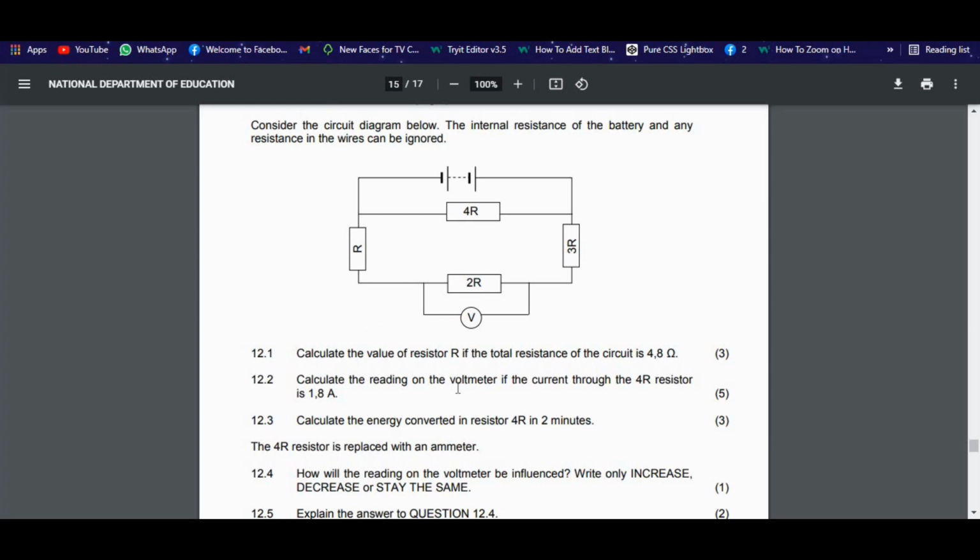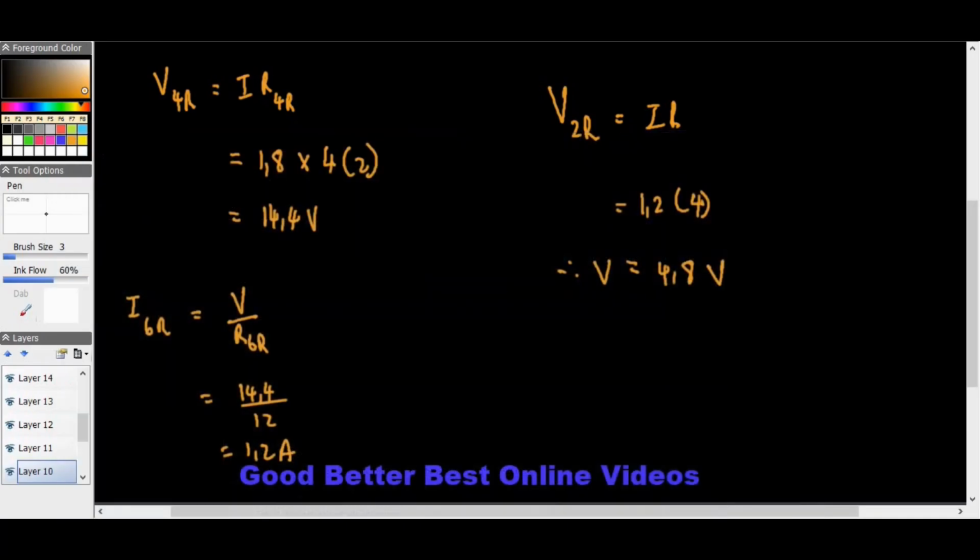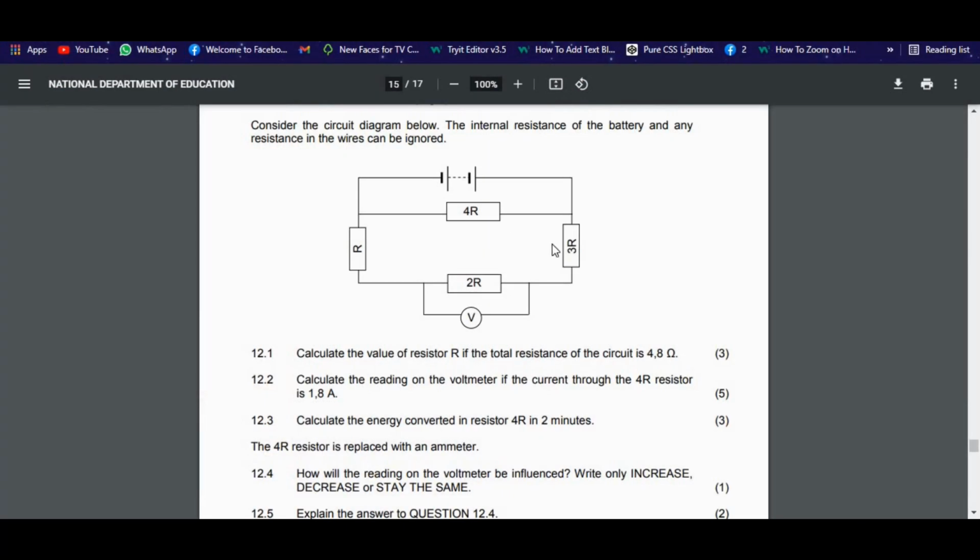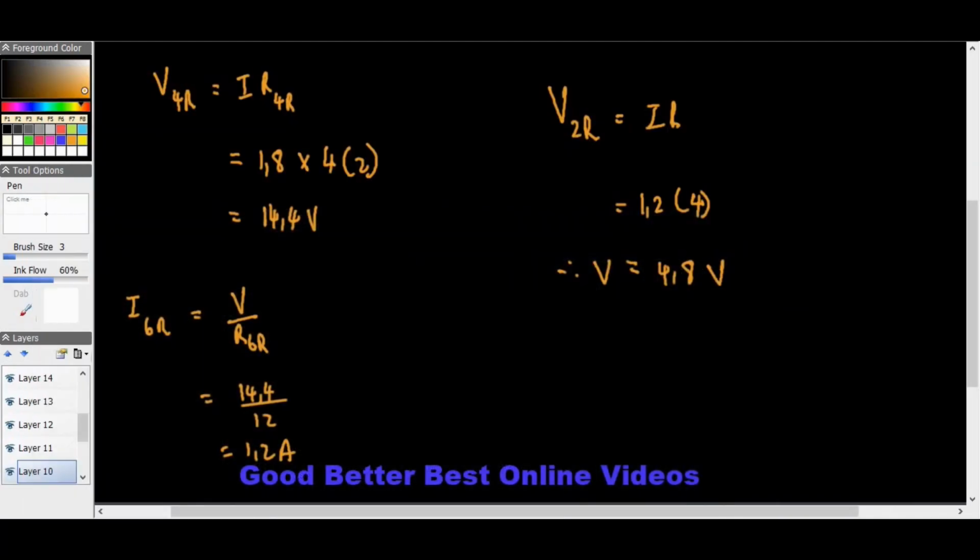Calculate the reading on the voltmeter if the current going through the 4R resistor is 1,8 amps. Right, so that means the current that went through 1,8 amps here, 1,2 went through 3R, 2R, and R, and then met up again here. Okay. Let's look at another method that makes about equal sense, about an equal amount of work as well.